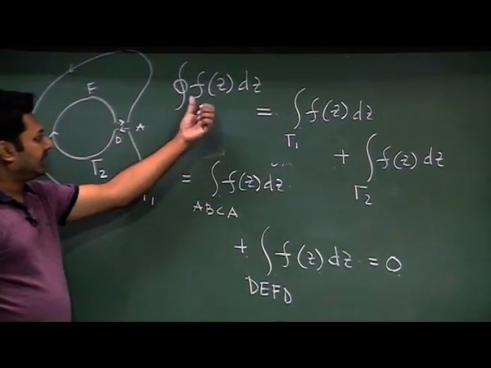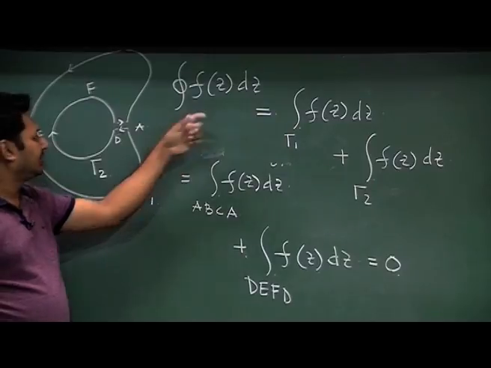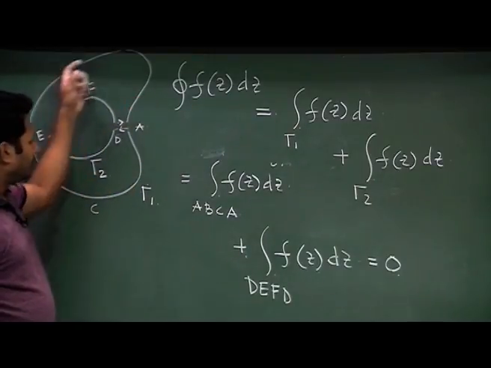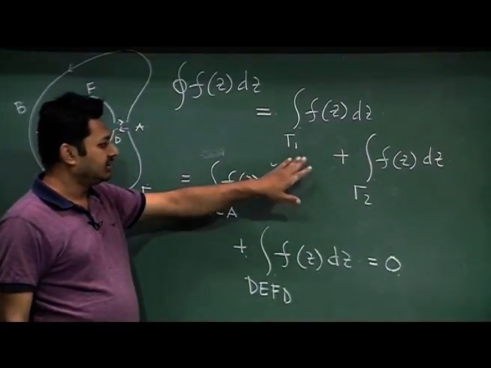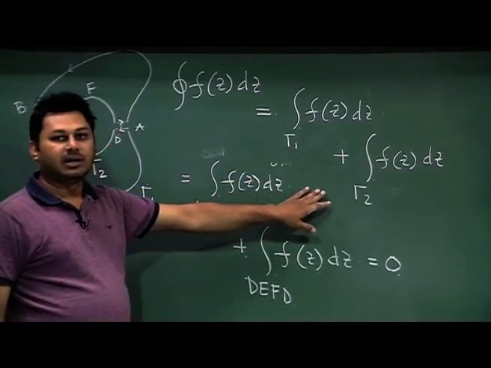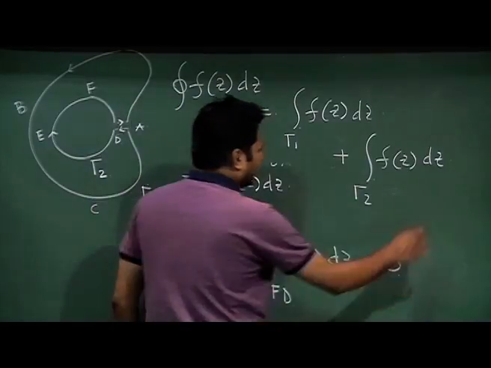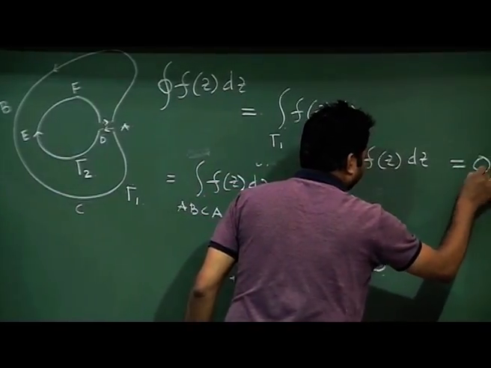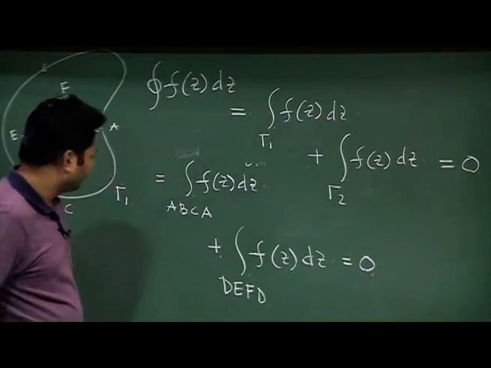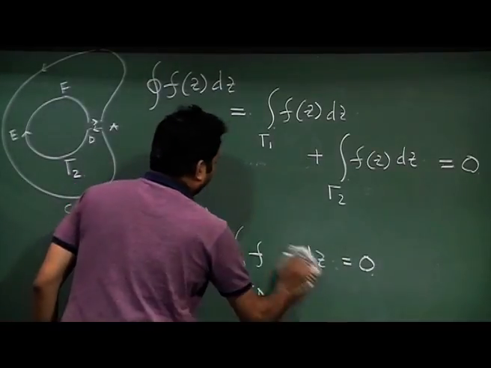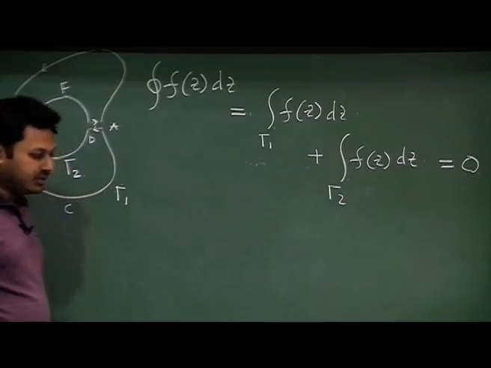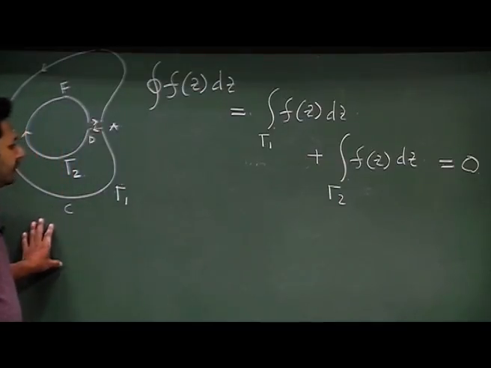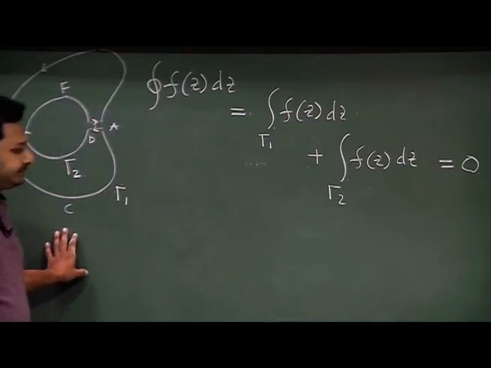That proves that this closed integral is basically true for multiply connected region also. This is the multiply connected region, and for this region I can say this is equal to 0. So, we prove that the Cauchy-Goursat theorem is true for multiply connected region also.